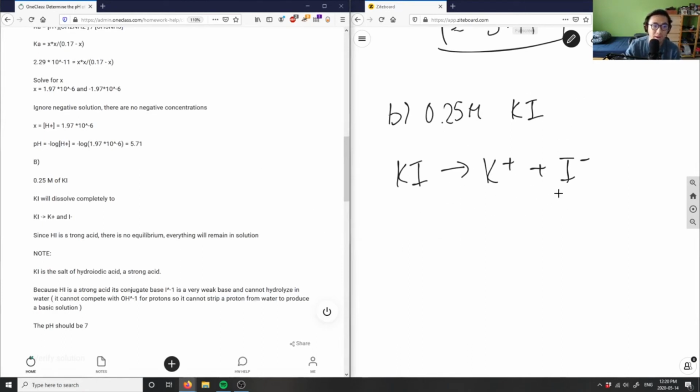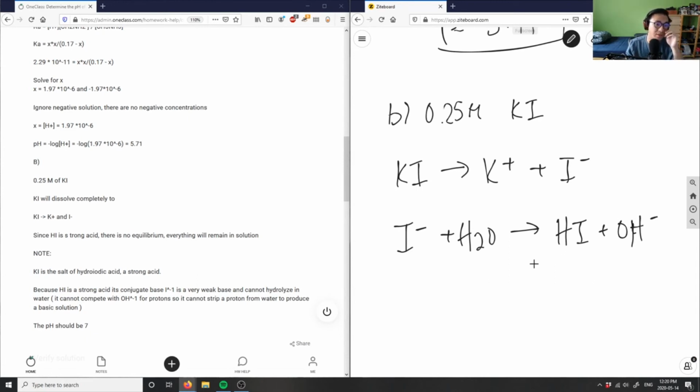And then my HI here is going to react with my water, right? This iodine is going to react with my water, and then I'm going to form H plus OH minus here. And this here is not in equilibrium because HI here is a strong acid, right? This guy here is a strong acid.